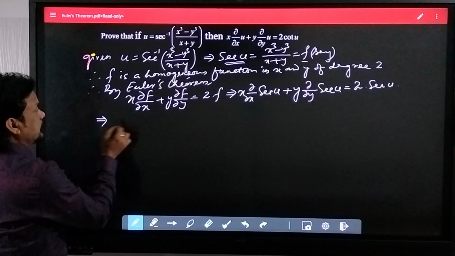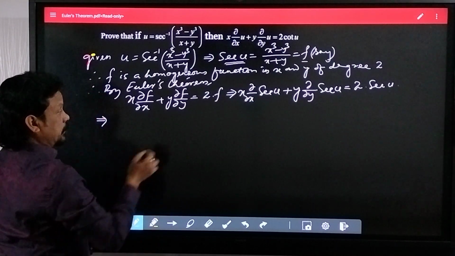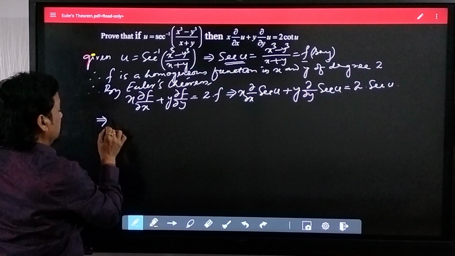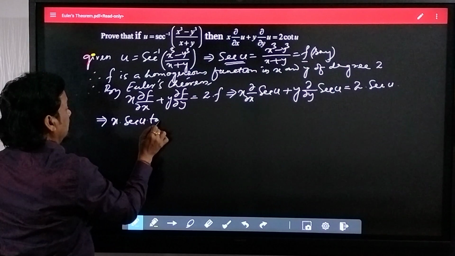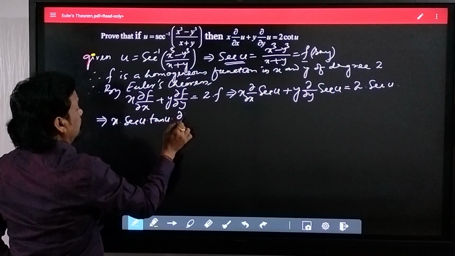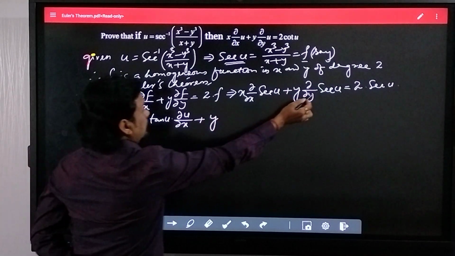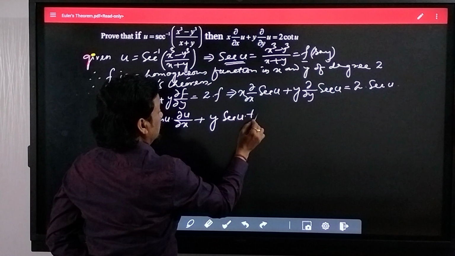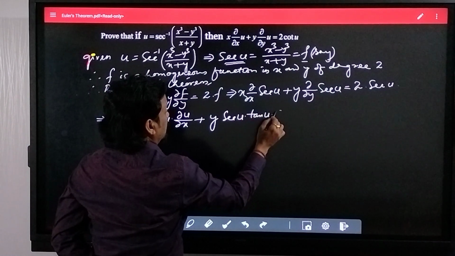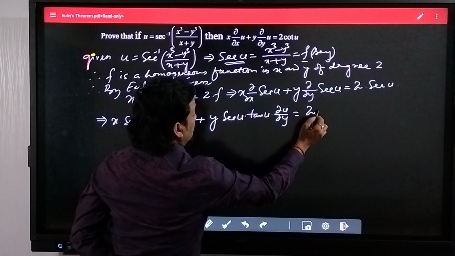So let us see what is the derivative of sec u. The derivative of sec u is sec u into tan u into del u by del x, because it is with respect to x. So x into sec u into tan u into del u by del x. Similarly, here with respect to y, sec u into tan u into del u by del y. It is equal to 2 into sec u.